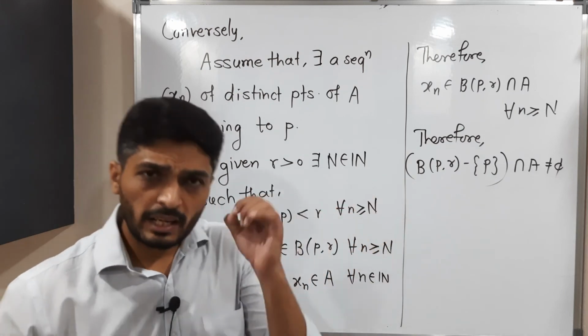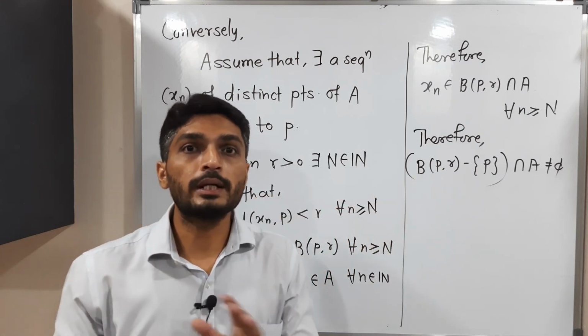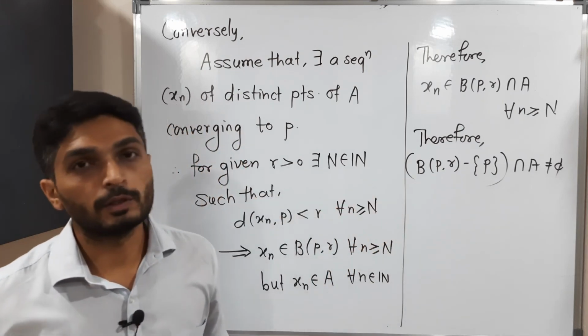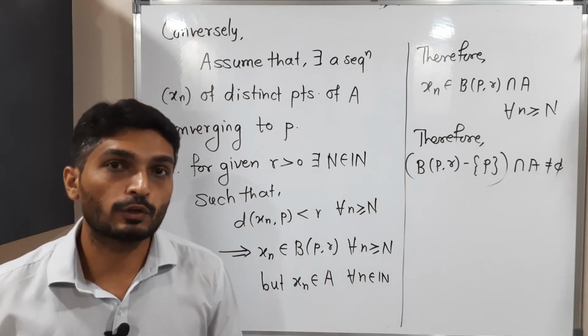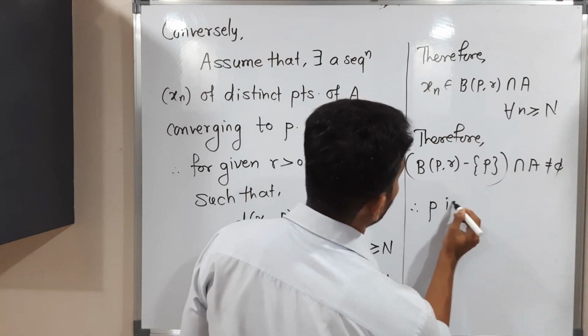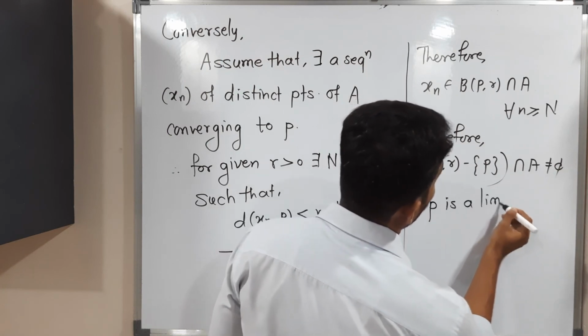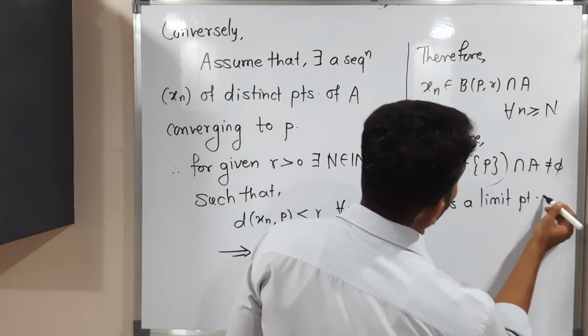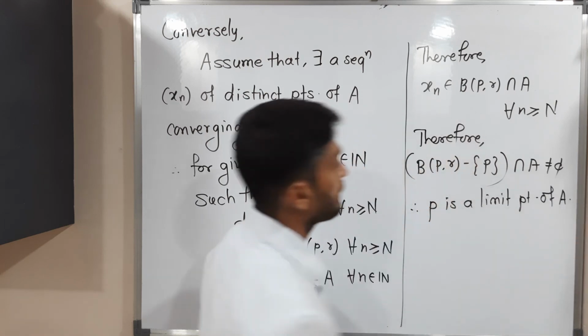If you remove a single point, the intersection is still not equal to phi, and this is the definition of a limit point. Therefore P is a limit point of A.